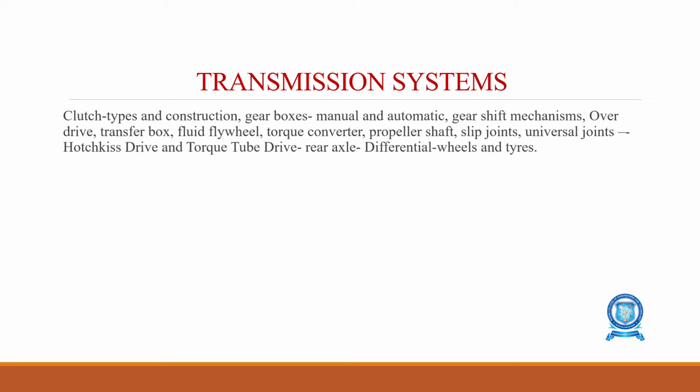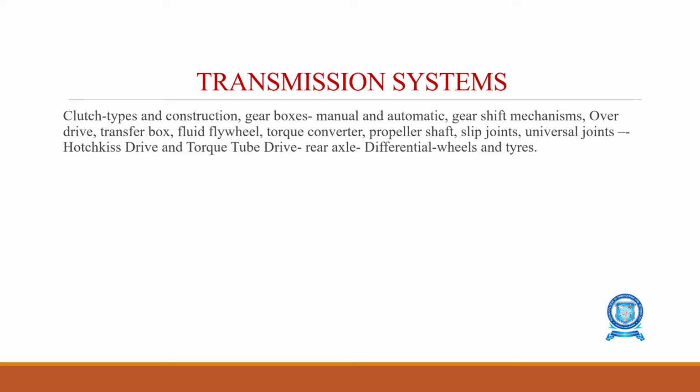It will extend as well as contract. If the propeller shaft were a rigid component, due to vibration and the uneven surface, it would tend to break. That's why slip joints and universal joints are used. The slip joints allow the propeller shaft to alter its length, and the universal joints allow it to alter its angle. That is the important thing.